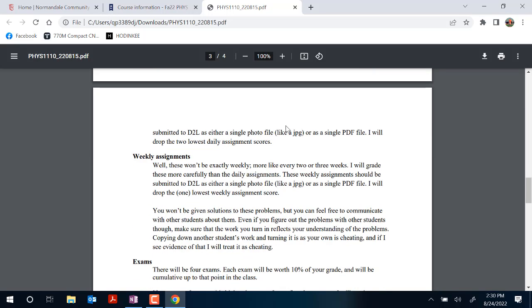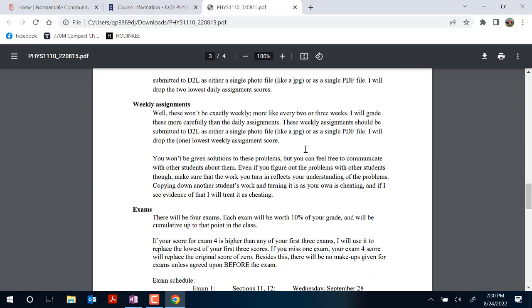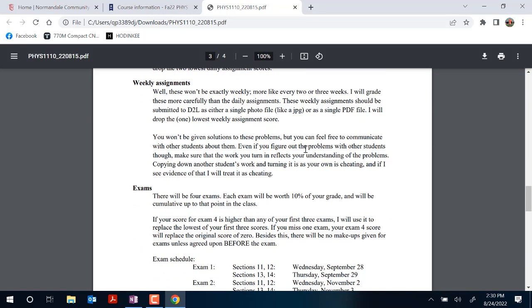Then the other types of problems are what I'm calling the weekly assignments. The level of difficulty of those is going to be similar to the daily assignments. I just won't give you solutions to those. And I'll give you a full week to work on those. And you'll submit those to D2L just like you will the daily assignments. But those I'm going to grade carefully.